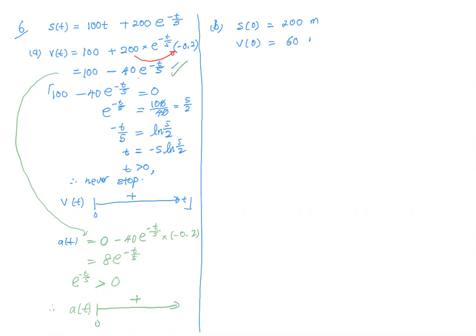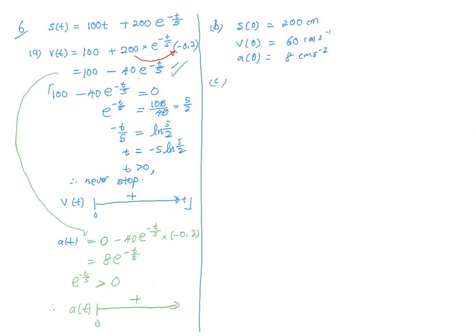Is it 59.9999? Yeah, 60. Okay, what is a0? 8. Okay, good. Now, part C.